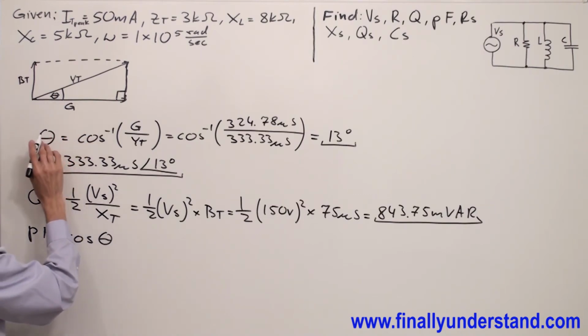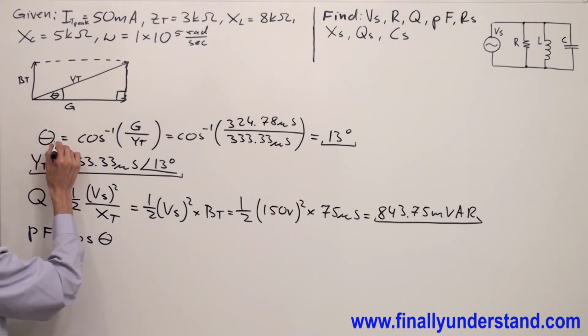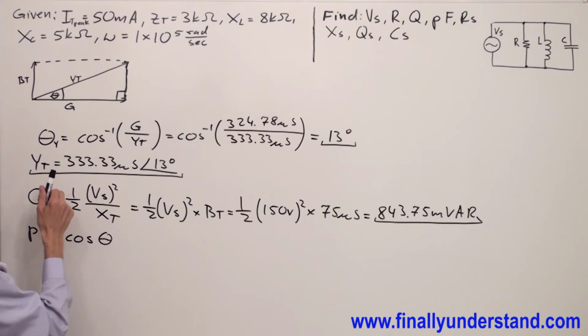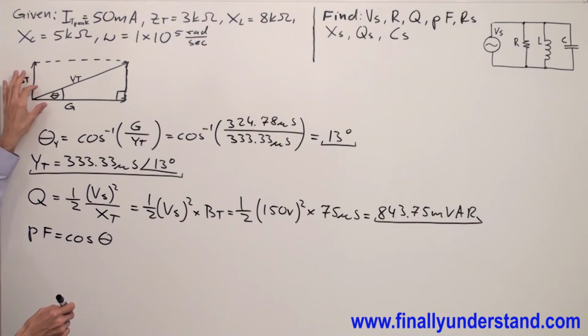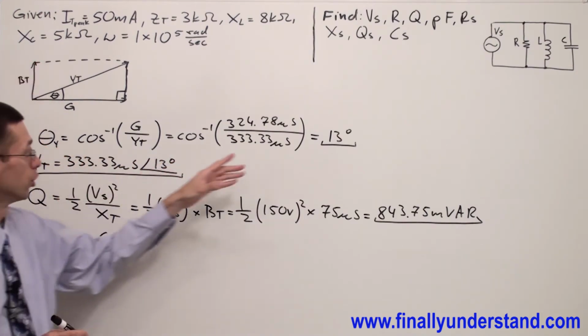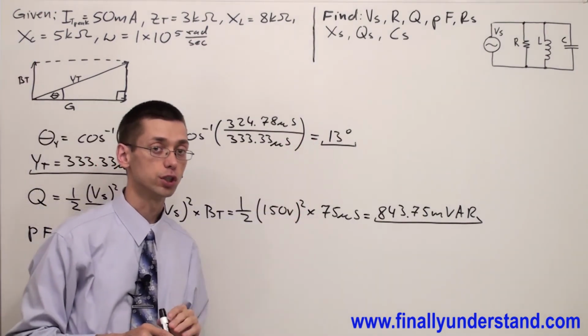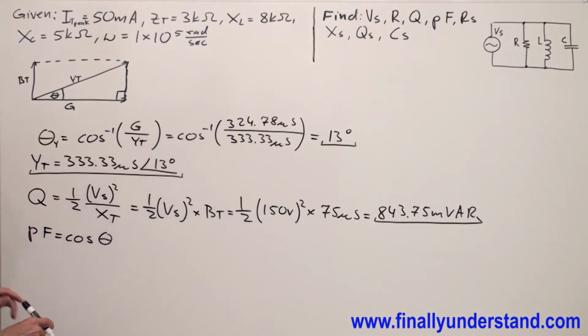Most of the time we write letter Y next to it, just to make sure we're not going to confuse it with the theta next to Z total. So if I have angle theta in my admittance diagram positive, the angle next to Z total is going to be with the opposite sign. So I'm going to have negative 13 degrees next to Z total.